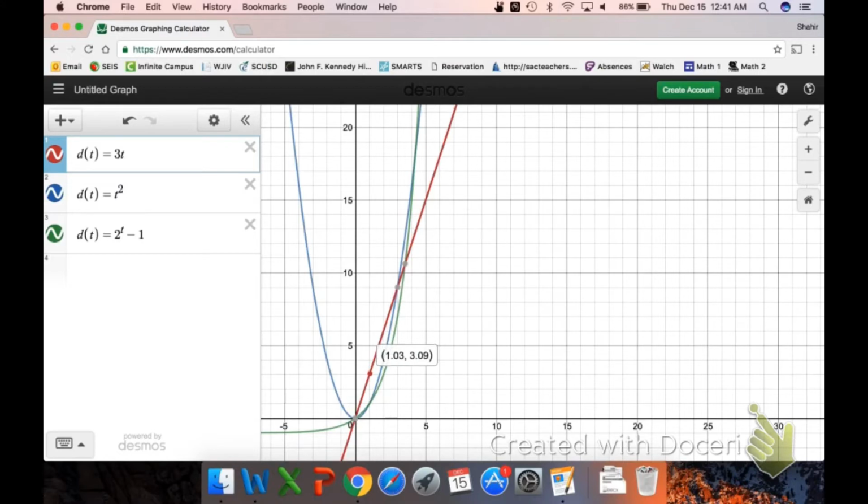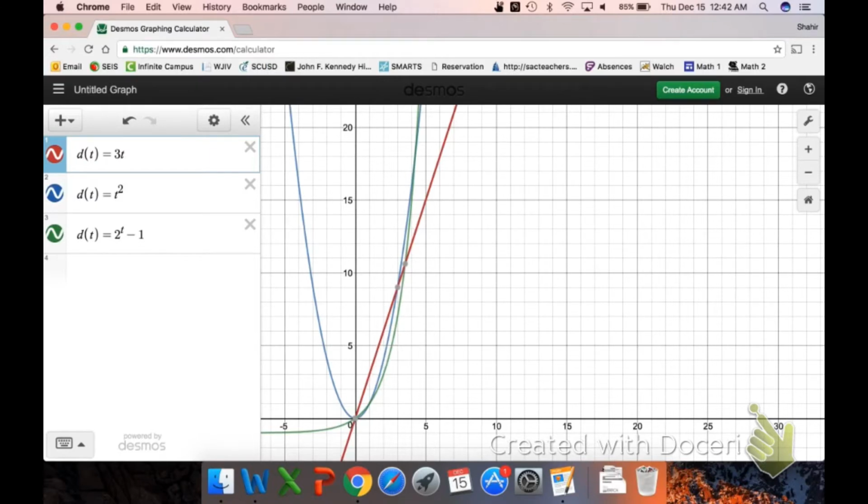When x equals 1, this hamster's distance, well, it was 3. Okay, so right there. When x equals 1, hamster 1's distance is 3 meters ahead in the race.